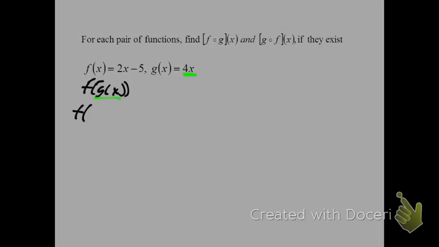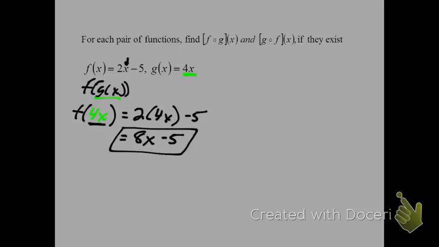So then f of 4x, we'll plug that in, and the f function is 2x minus 5. So whatever's in here goes into the x's here. So you have 2 times 4x, which gives you 8x minus 5. And since there's x's involved, you have to combine like terms and stuff like that. That's all you can really do with that one.